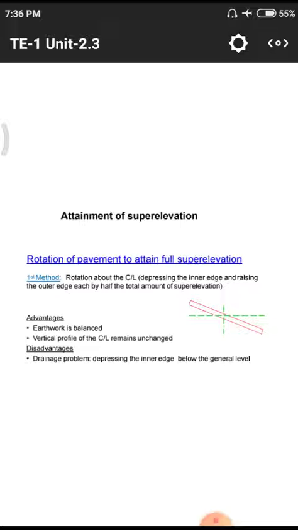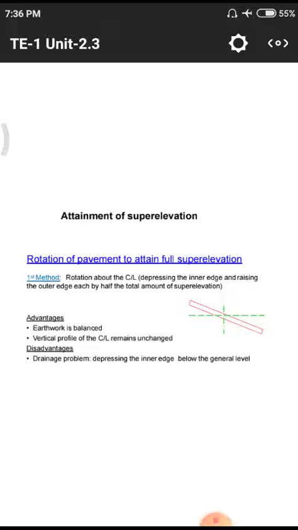First method, we are having a different alignment of road with respect to the horizontal plane, so we need to avoid those conditions, crown lifting and crown downing. In the rotation about central line, for the particular road we are locating some central axis along the x axis and y axis. That means along the width of the road and thickness of the road.